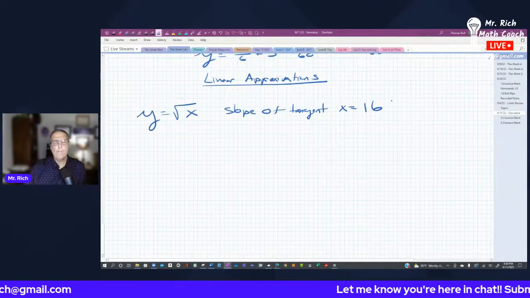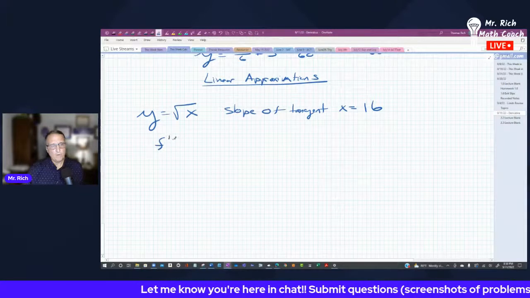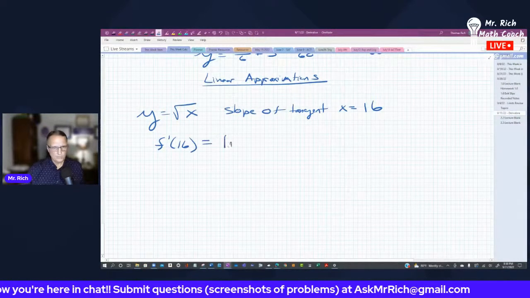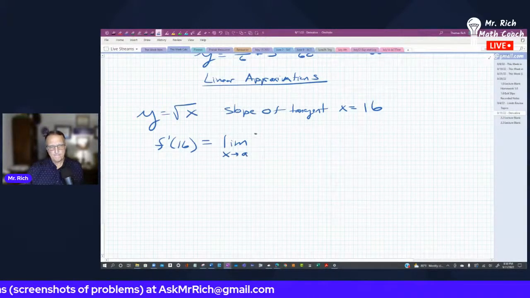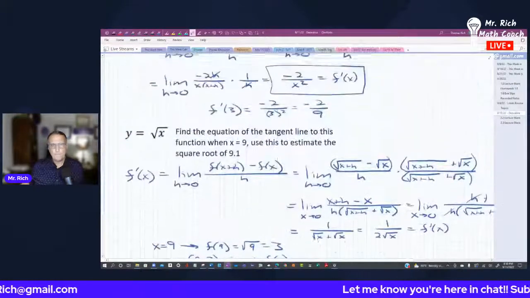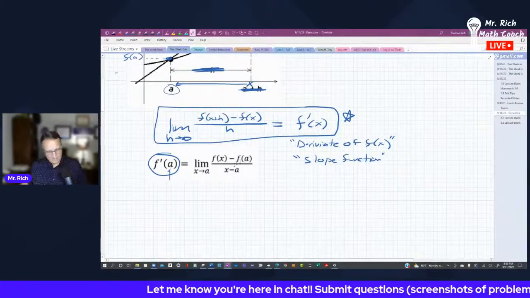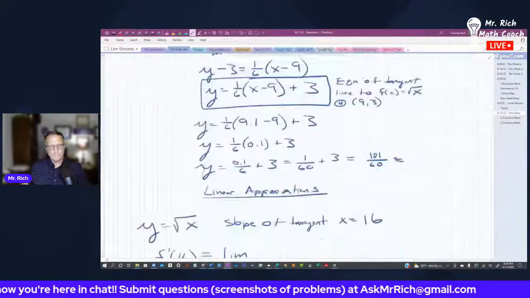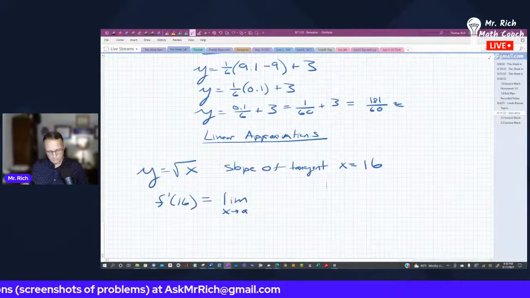Okay. So what I'm going to do is say, all right, well, f prime of 16 is equal to the limit as x approaches a of, well, what does the formula tell us? It is telling us right here. Let's bring that down. So let's copy this down so we can see that.